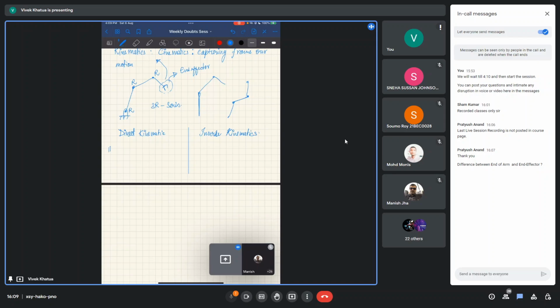What direct kinematics gives you is the position of the end effector, EE. You get the position of the end effector, given. Let me use another color for given.